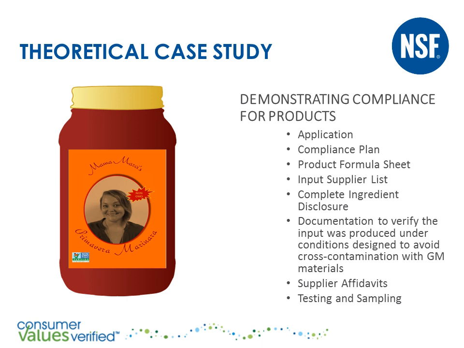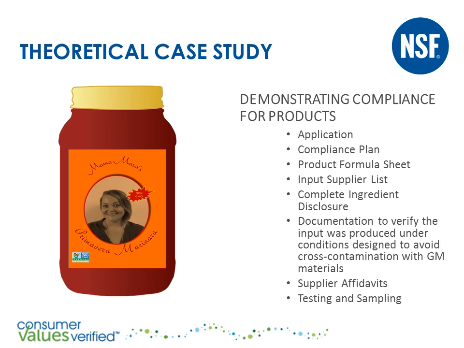So now let's walk through the documentation needed for our test product, Mama Marcy's Primavera Marinara, followed by a detailed look at the compliant inputs. Depending on the type of operation, whether we are a brand owner with a co-packer or handling manufacturer or another scenario, let us pretend we now have the documents in place to demonstrate the quality management system in place at the facility in which these products are seeking verification.